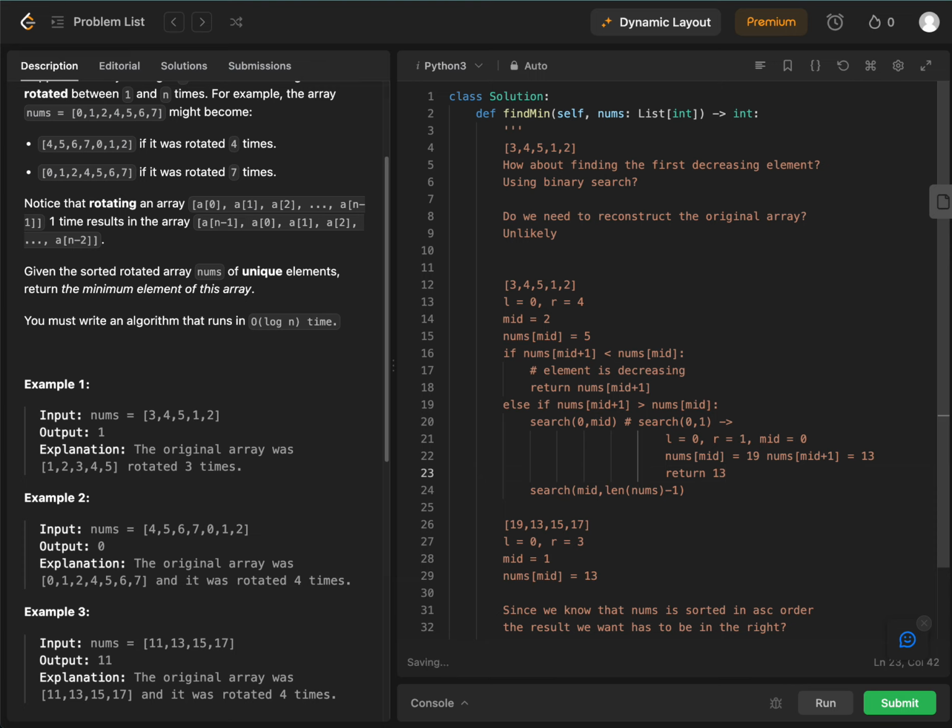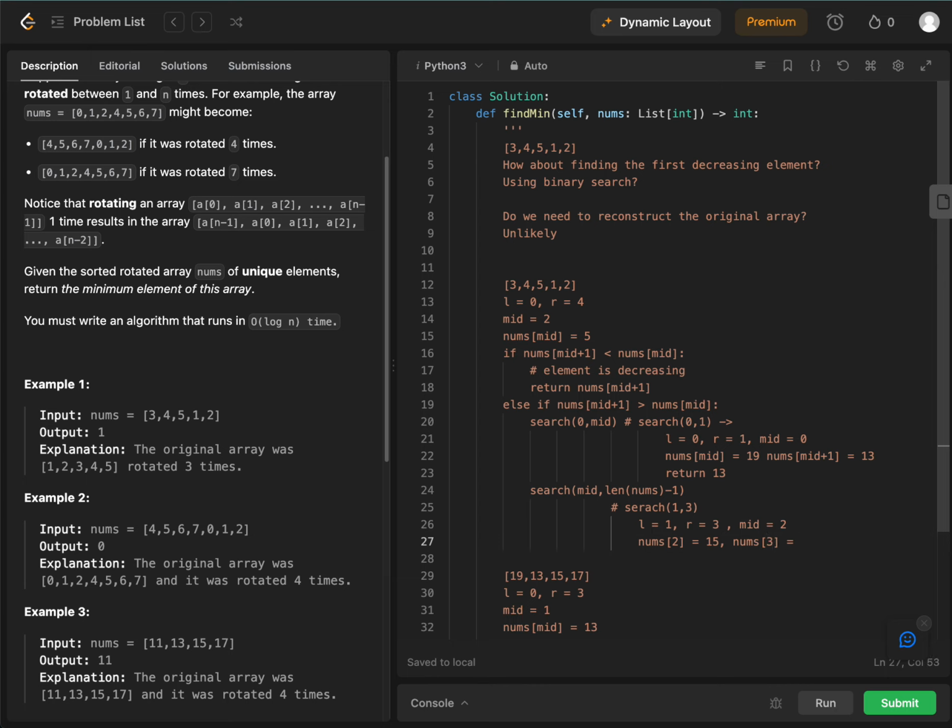And then for this particular case, we are searching 1 and 3. Essentially, this would be the answer.